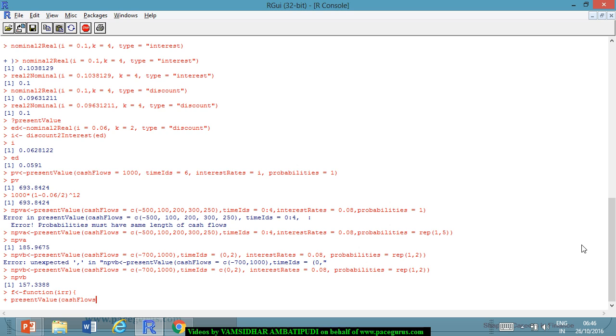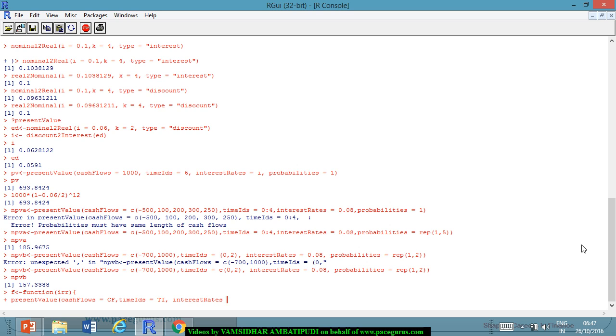So let's make it general. I'll supply the cash flows to it as some CF. Then the time IDs also I can specify, so let me call them TI, the time IDs, and the interest rate.